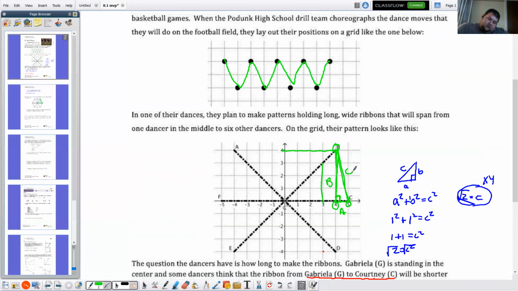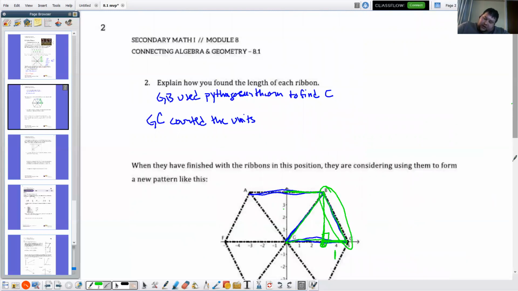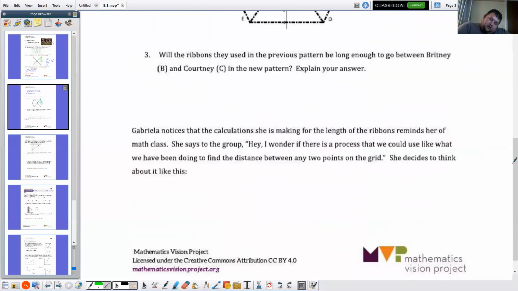So when we use those, come back here and do the math, we get 1 squared plus 4 squared equals C squared. Okay, and C squared has to be what?